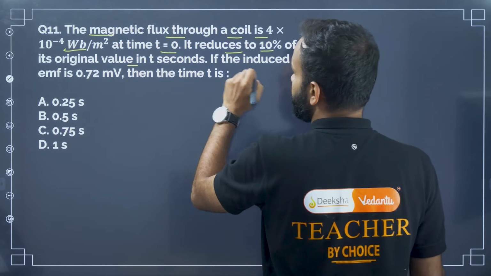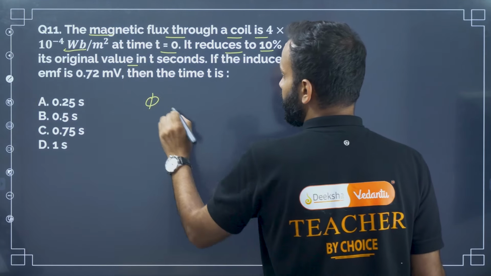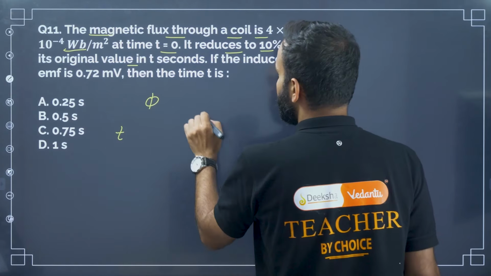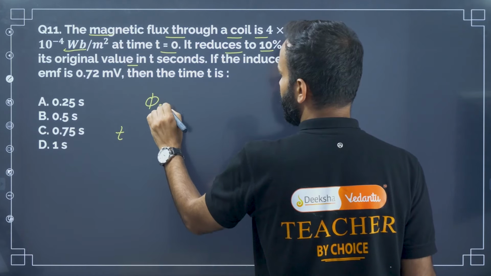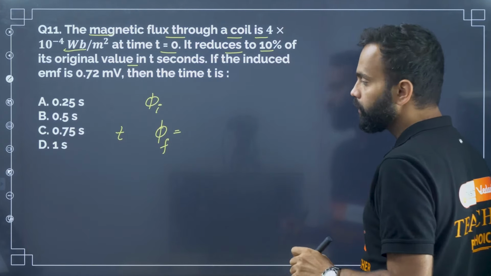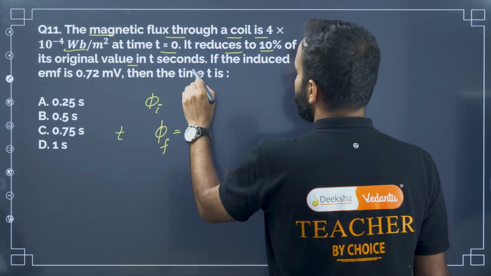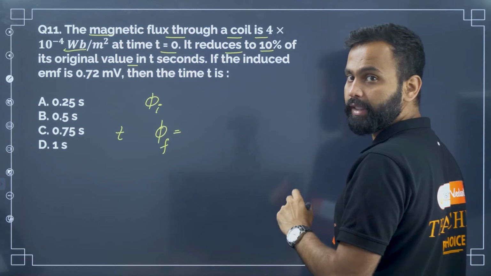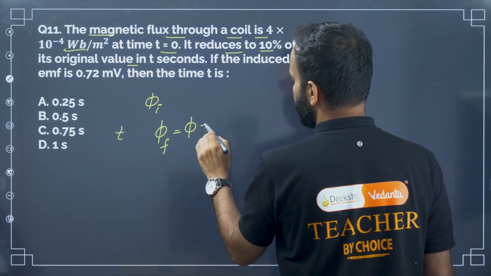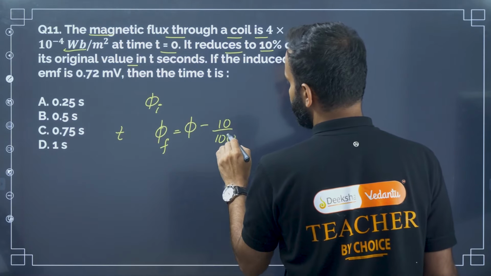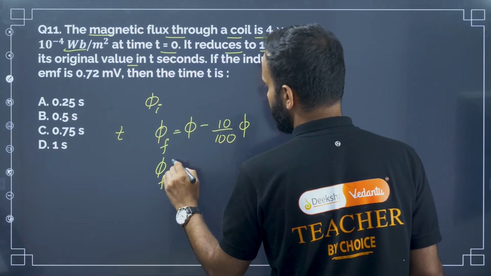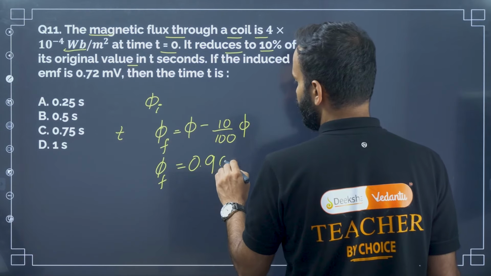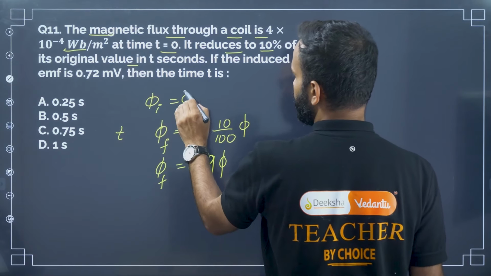The initial magnetic flux is phi I, which equals phi. The final flux phi f is phi minus 0.1 times phi, that is phi minus 10 divided by 100 times phi. So phi f is equal to 0.9 times phi.